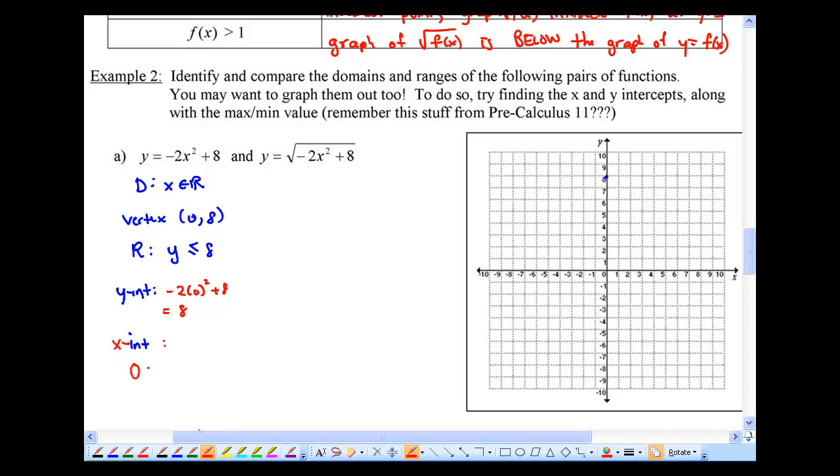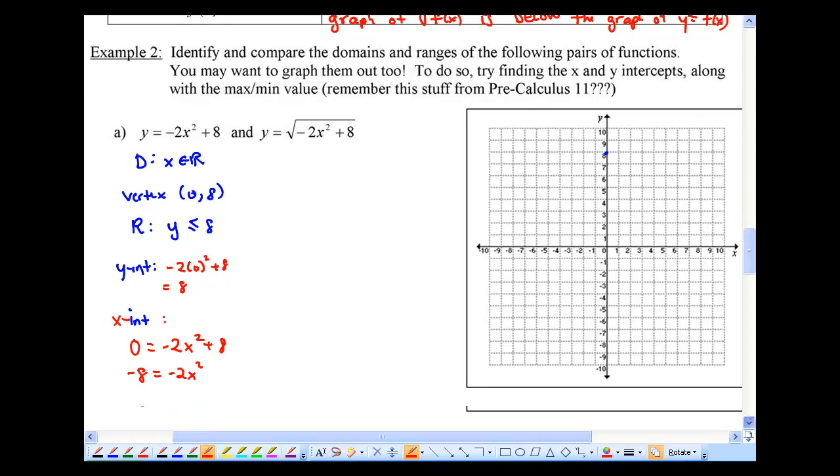You let y equals 0 and solve for x. Do some nice algebra. Get 4 equals x squared. Don't forget to take the square root and put the plus minus. There we go. Let's graph these out. We've got y equals 8. Got the x-intercepts. Here's my nice thin parabola.